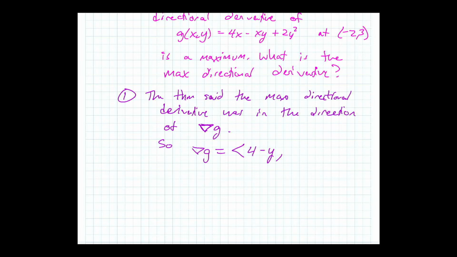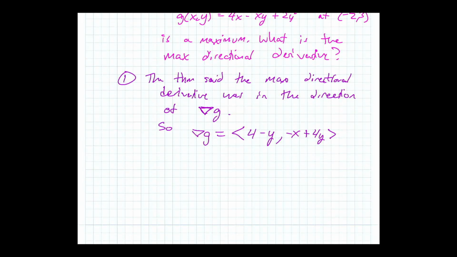Partial with respect to y: of 4x is 0, of negative xy is negative x, and of 2y squared is 4y. They asked for this at the point negative 2, 3, so we have to plug that in, the given point.